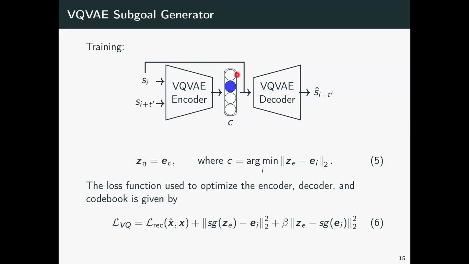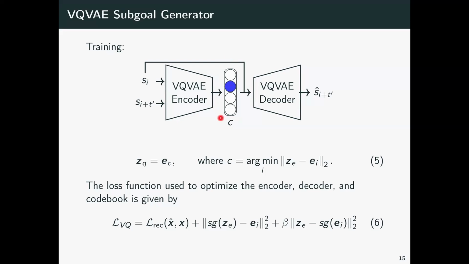As an example, maybe my values here were 1, 4, 10, and 20. If the encoder outputs a value of 5, then it's going to look at each of these. 5 is closest to 4. So we're going to take that value of 5, and it's going to get snapped and turned into a value of 4.